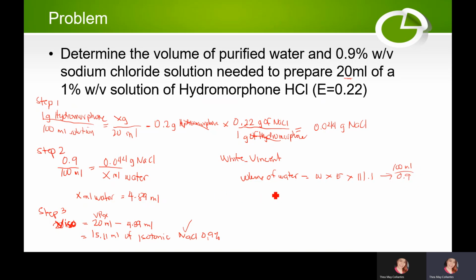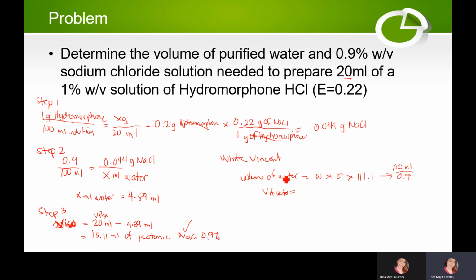So guys, now life is easier. The weight of the drug is what we need to get the volume of water. What is the weight of my drug? It is 0.2 grams because that is 1% of my 20 ml. You no longer need to work this out; just look at 1% of 20 ml and it is 0.2.